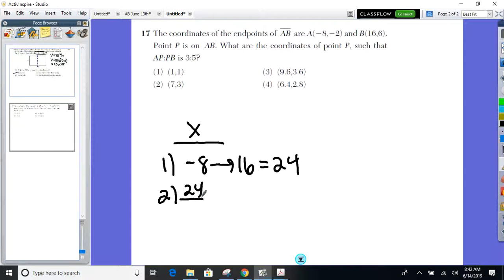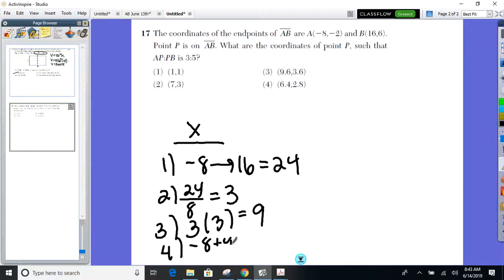Perfect. And got 3. But you're just not going 3 units. What's the first number in that ratio? So it's 3 times 3. You're going to go 9 units from -8. That's your starting point. So you got to go -8 plus 9. That'll give me the 1 there.